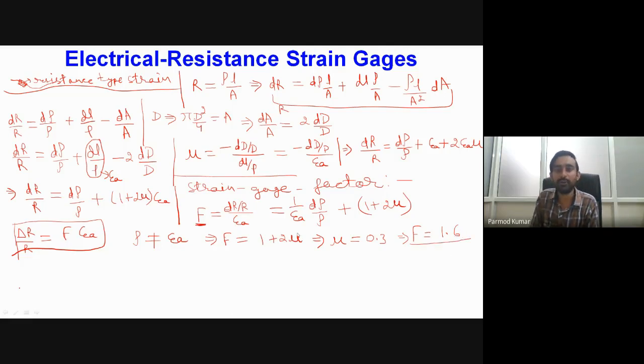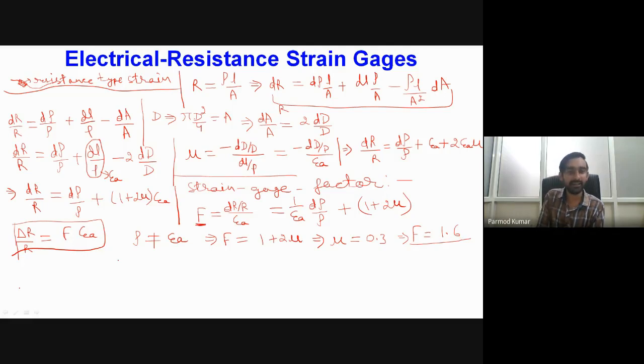So one important conclusion you can make from this value of F is that when our resistivity is not changing with the strain produced in the wire, we get the value of the F factor as equal to 1.6, and it is a constant parameter.